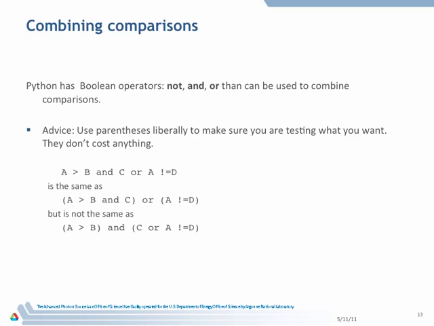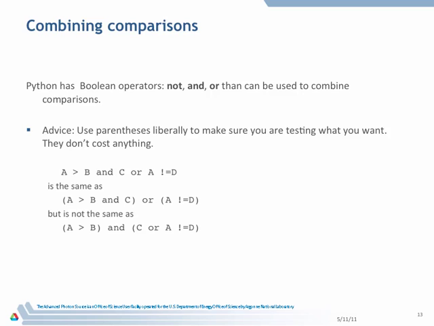We can combine comparisons by using and, not, and or. So here I've said one comparison. C is just going to be tested by itself, and here's a third comparison.